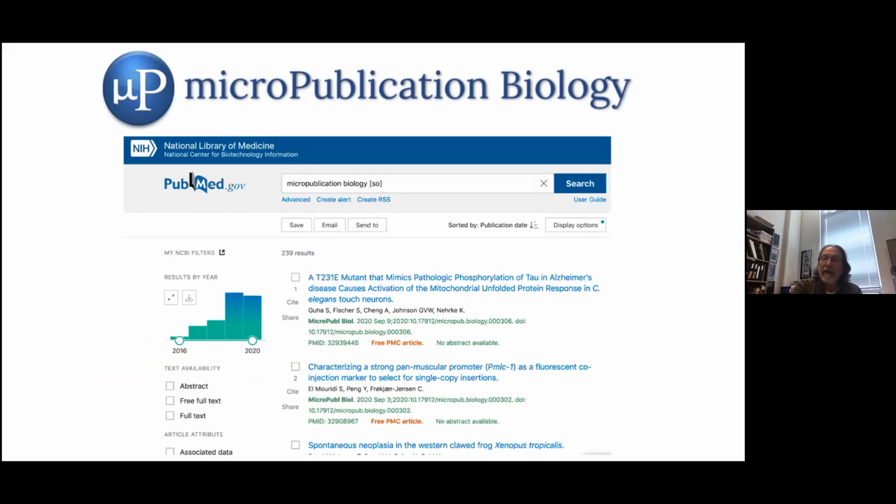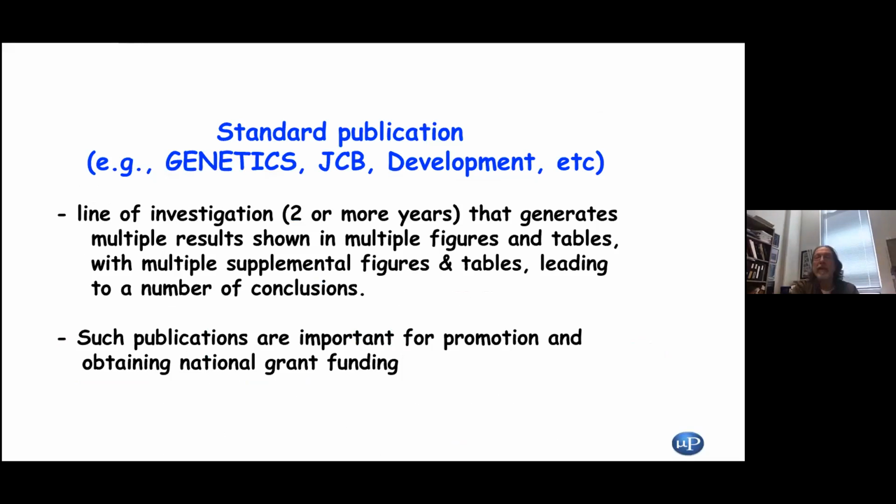So now I think it's useful to compare and contrast micropublications with standard publications, like an article in Genetics or Journal of Cell Biology or Development. A standard publication really is a line of investigation, and these take multiple years and generate multiple results that lead to multiple figures and tables and multiple supplemental figures and tables.